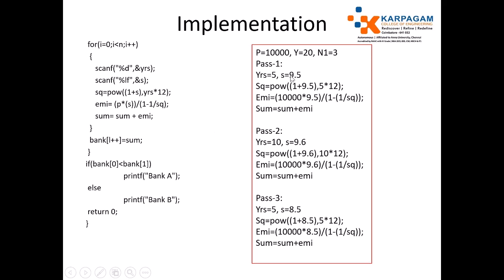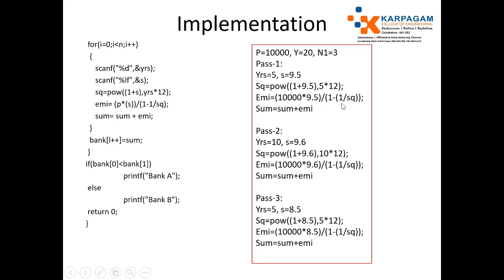So years is equal to 5, s equal to 9.5. So SQ can be calculated by using the formula SQ equal to power of 9.5 plus 1, 10.5 power 5 star 12.